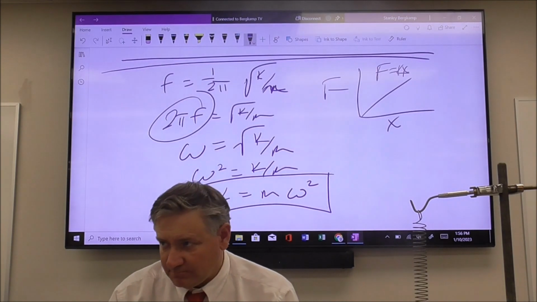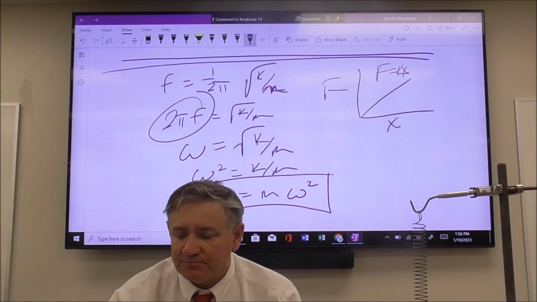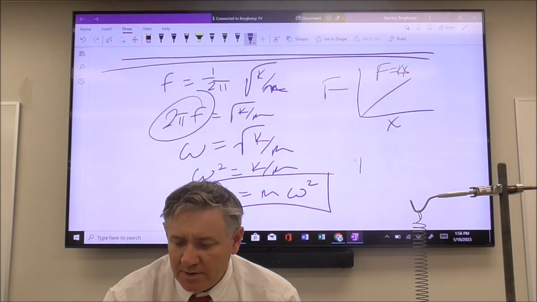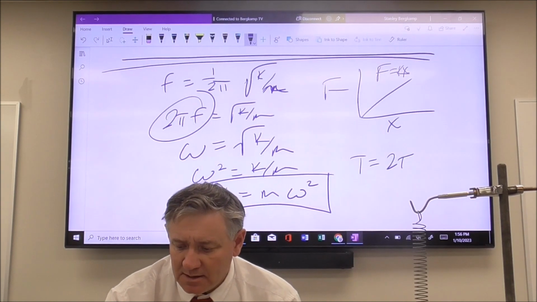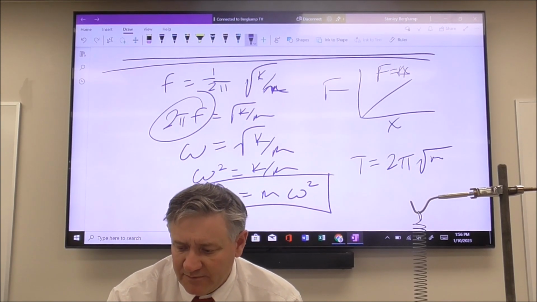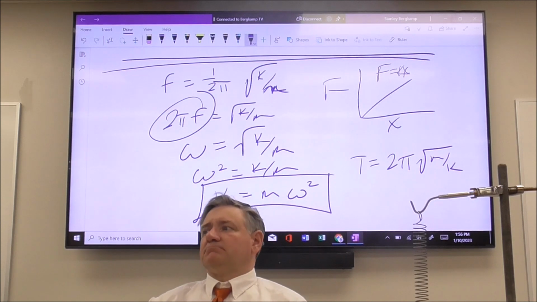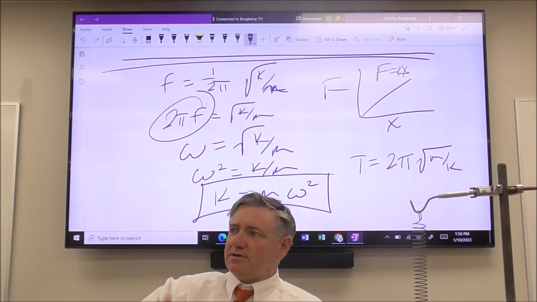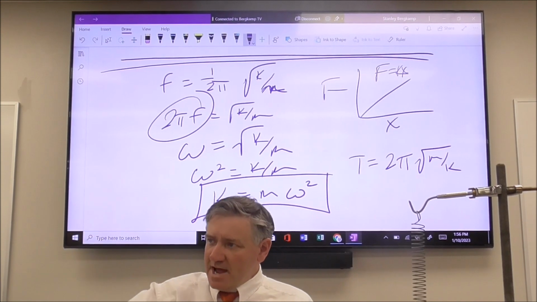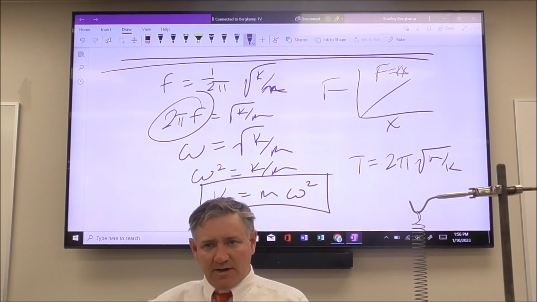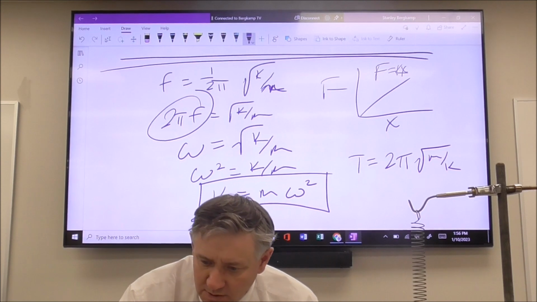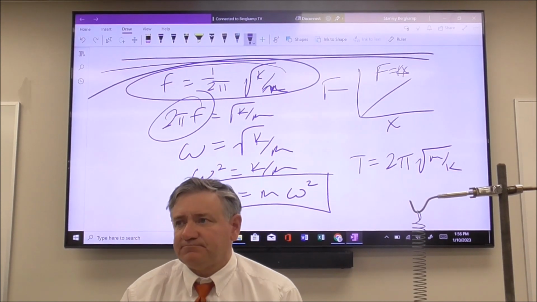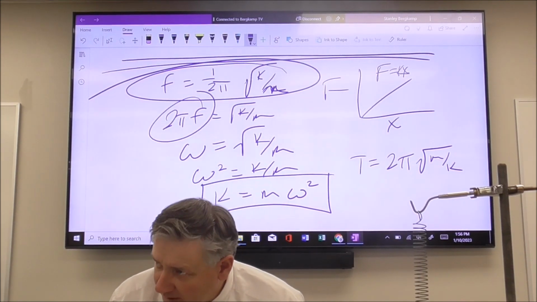That's one option. You could also use period equals 2 pi times the square root of m over k. You make that spring oscillate, measure the period, and since you know the mass on the end of it, you can calculate k that way. And if you know the frequency, you could get k that way too.